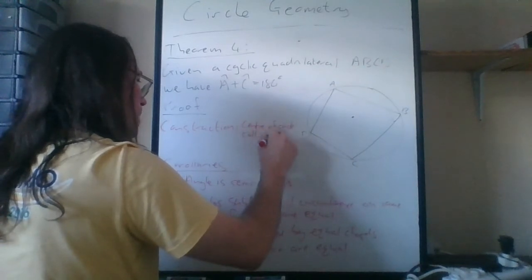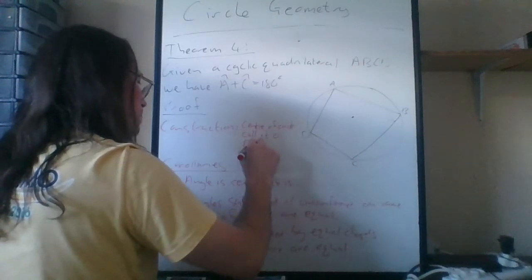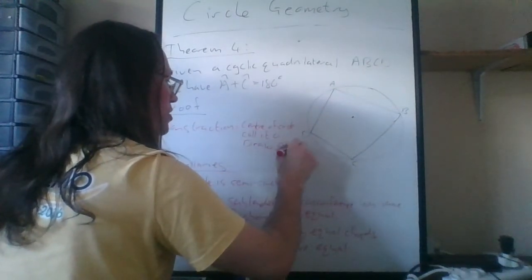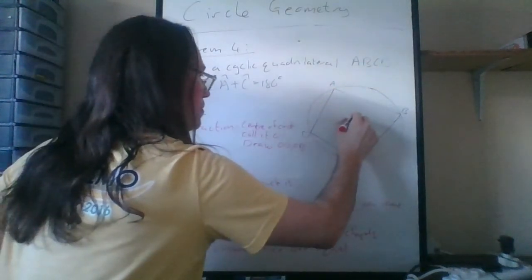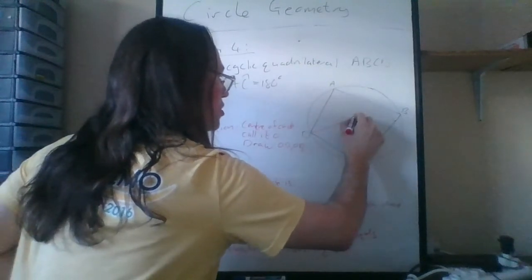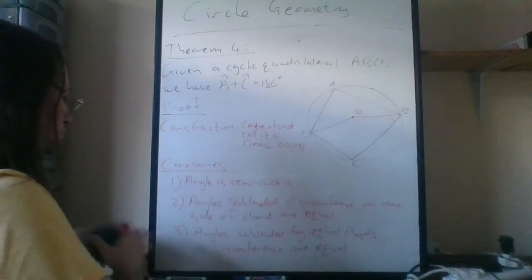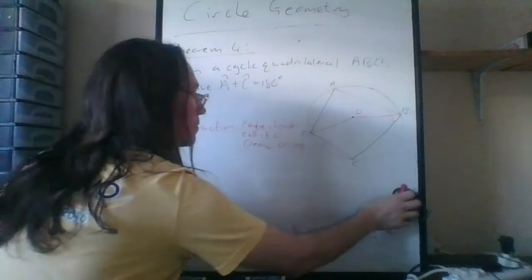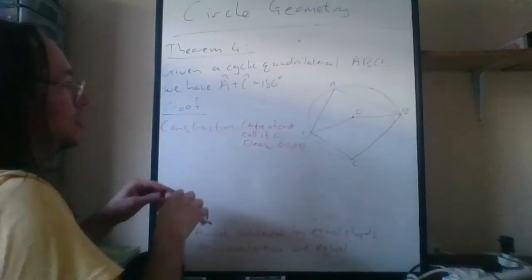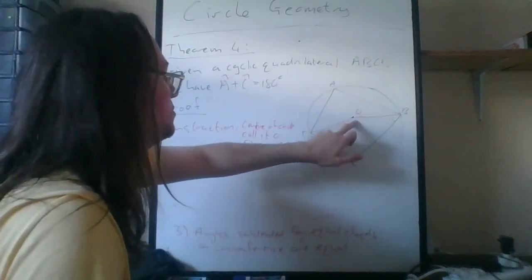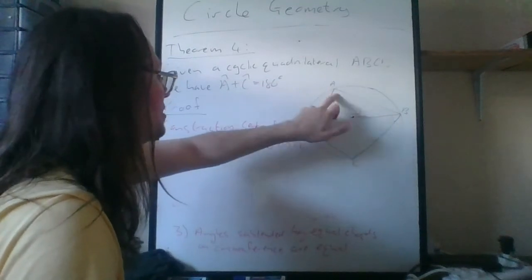Call it O. And then draw OD, OB. So you draw in OD and you draw in OB. Then chord DB subtends the angle at the center of the circle that is twice the angle at the circumference of the circle.